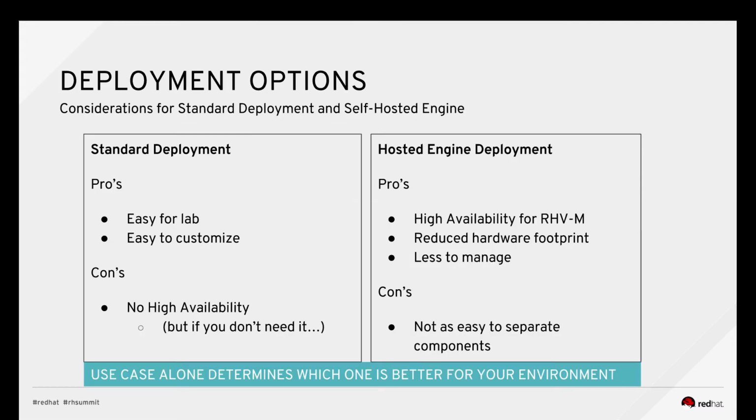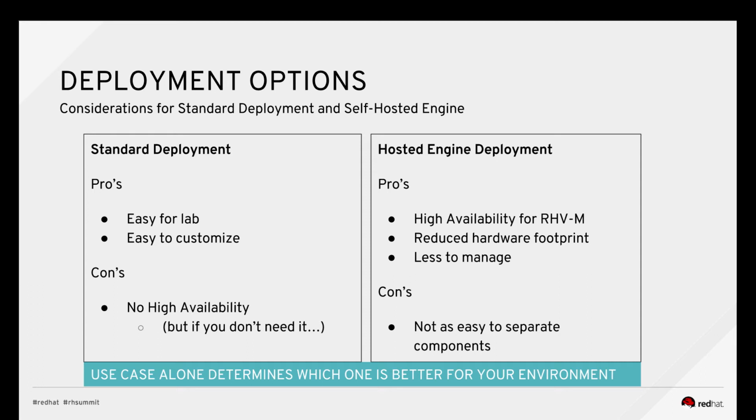So deployment options. When you look at considering standard deployment and self-hosted engine, I want to be clear here. When we talk about pros and cons, we're not talking about one is better or worse than the other. We still want to consider that the overall use case is what ultimately determines what is better for your particular environment.